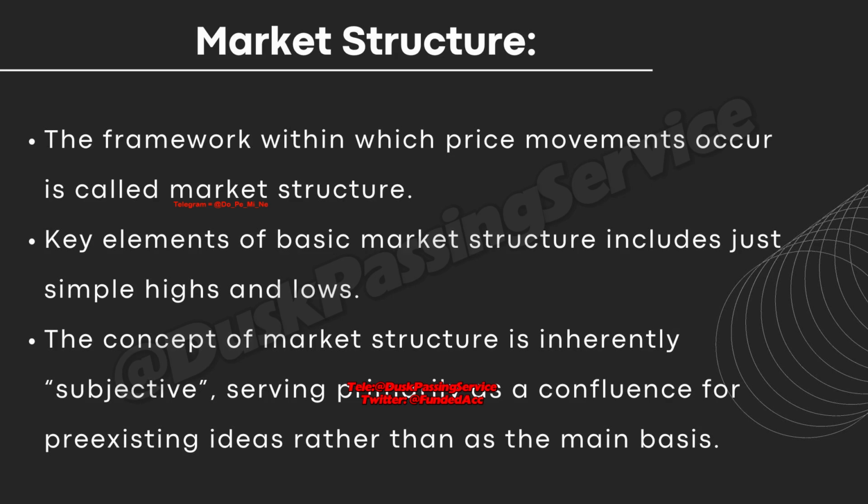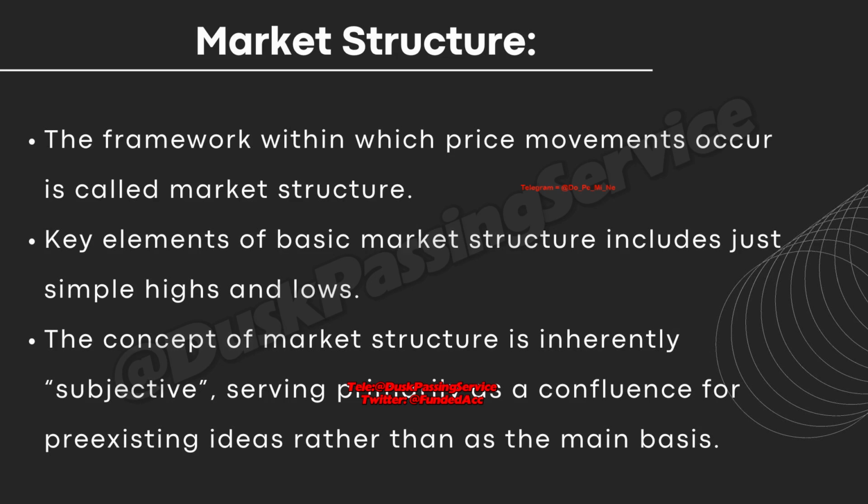So, due to the fact that market structure is inherently subjective, market structure should only be used as a confluence for pre-existing ideas or pre-existing frameworks, right? Which means you must never use it as a main basis. You should never start analyzing the charts with market structure.